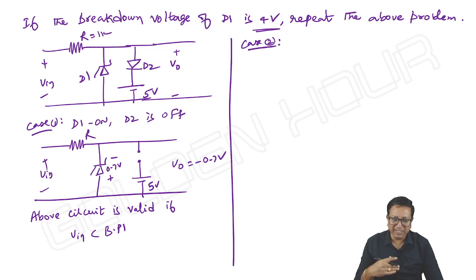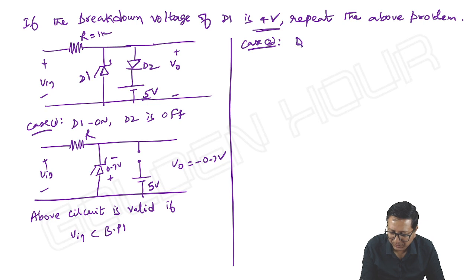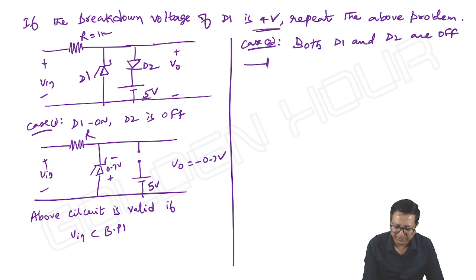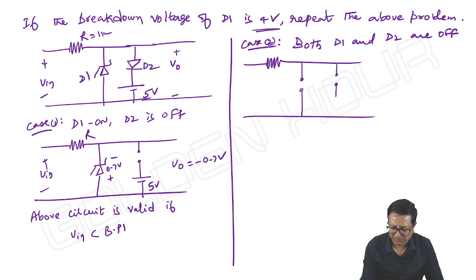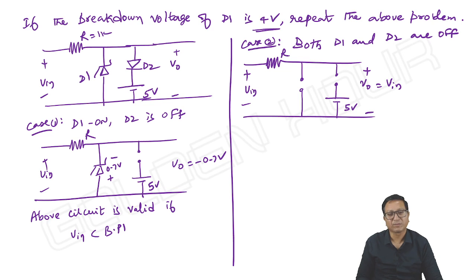So if input is positive and less than breakpoint 2, then both D1 and D2 are off. Then output is equal to input. Okay, how long is this possible?